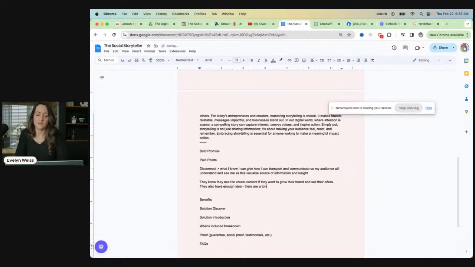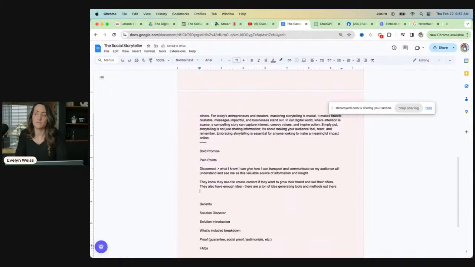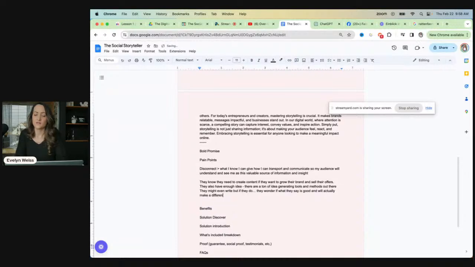There are a ton of idea generating tools and methods out there. They might even write, but if they do, they wonder if what they say is good and will actually make a difference.